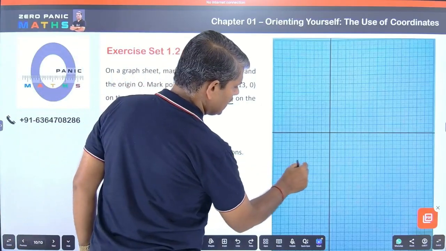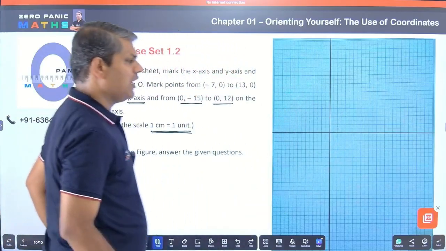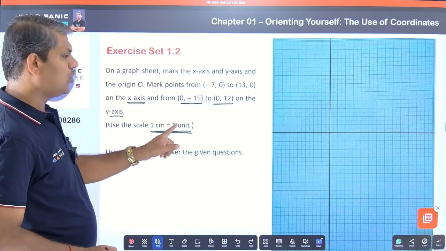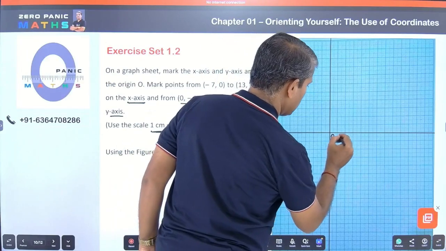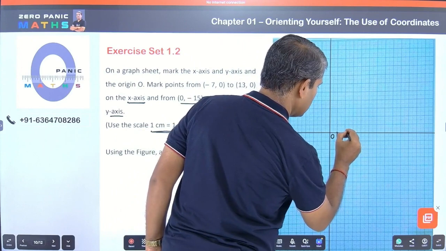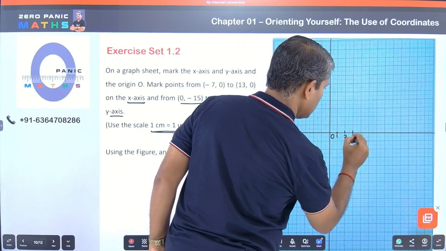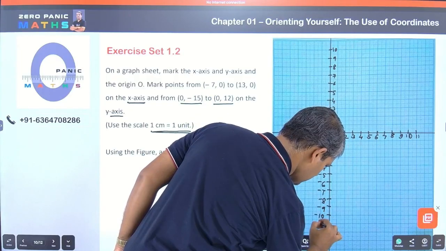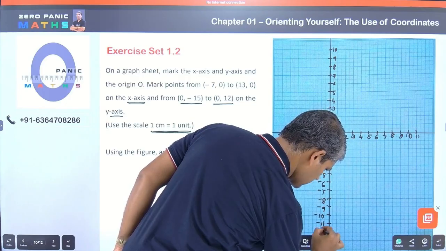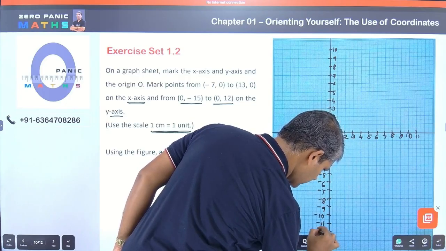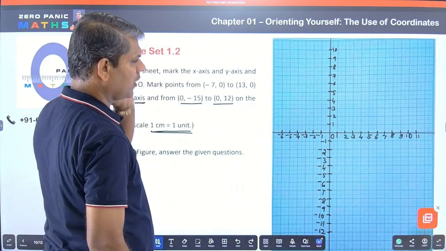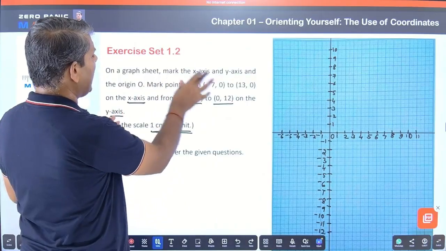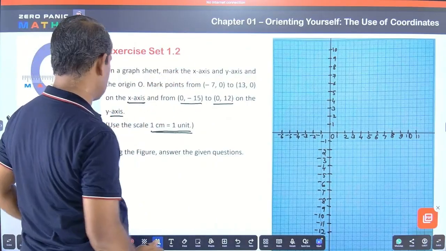So whatever you consider, they want us to take 1 centimeter as 1 unit. 1, 2, 3, 4, 5, up to 11, 12. Okay, now we have created the graph sheet according to the scale given here.